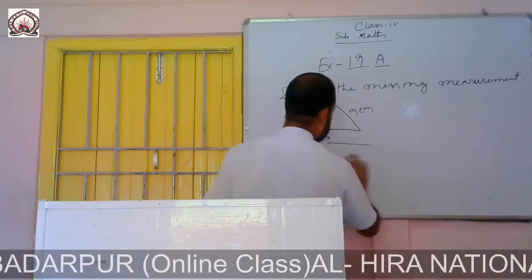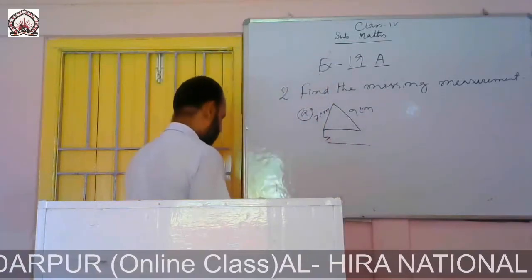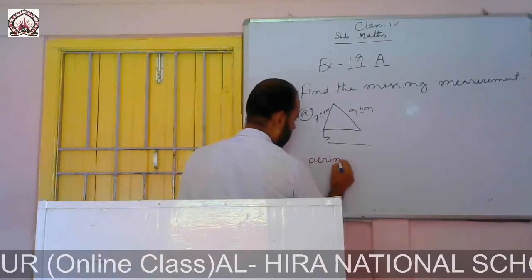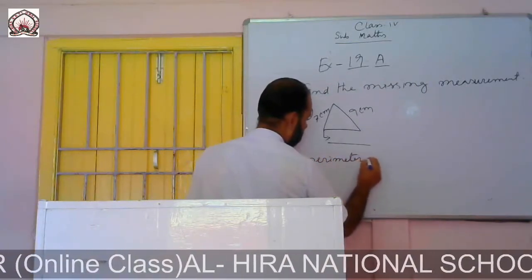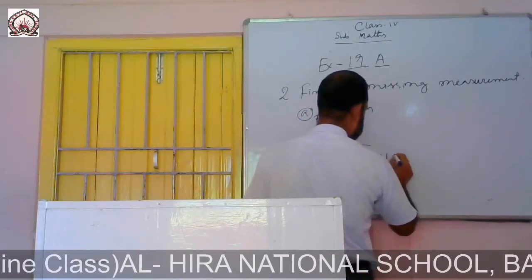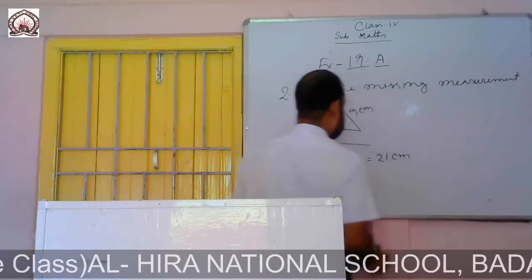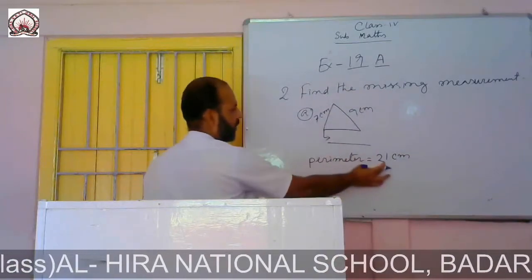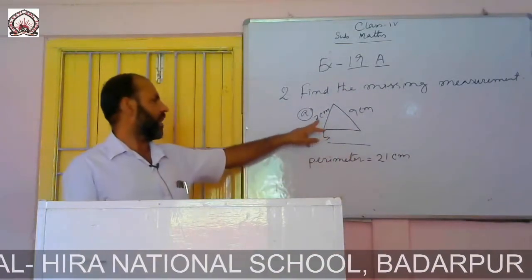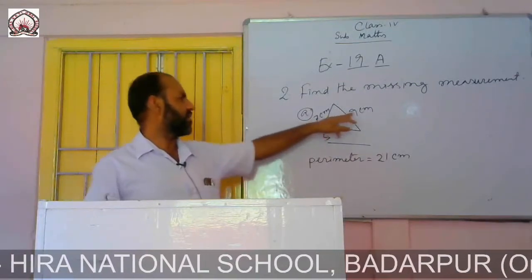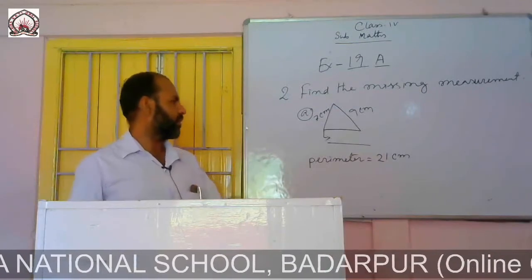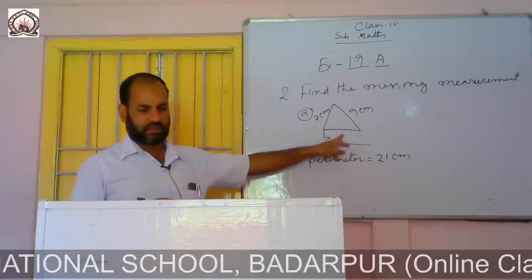Here given perimeter equal to 21 centimeter, and one side is 7 centimeter, another side is 9 centimeter. So we take out this side.